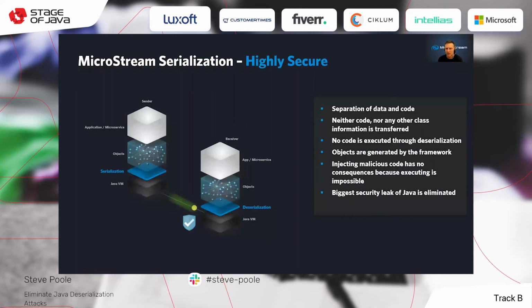We only transfer data. And the second thing is, through deserialization, we never execute code. The objects are generated by the framework. And so injecting malicious code has no consequences, because executing code through deserialization is impossible. And so we solved the biggest security issue of Java. The security leak is eliminated.